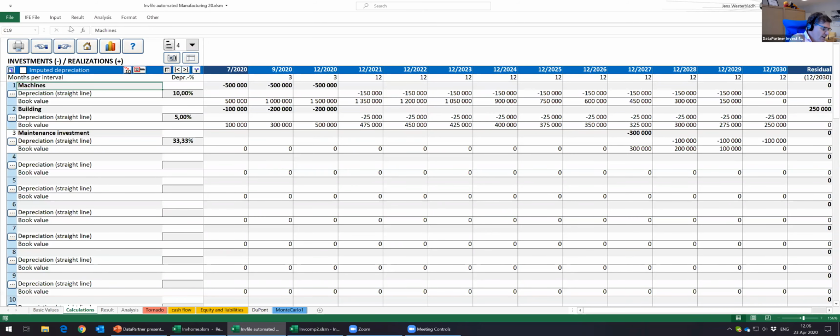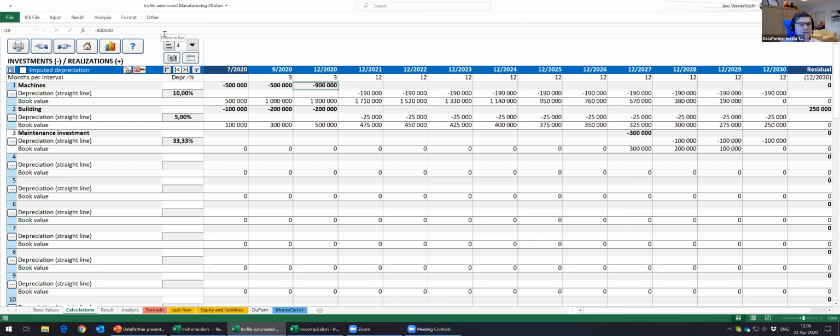It says that the automation would cost 400,000 in addition to this investment, and it would happen in December 2021. So now I could make it a separate row, of course, but I'm lazy. I use the same row for machines and increase these machines by 400,000 to 900,000 in the end of December. And that's it.